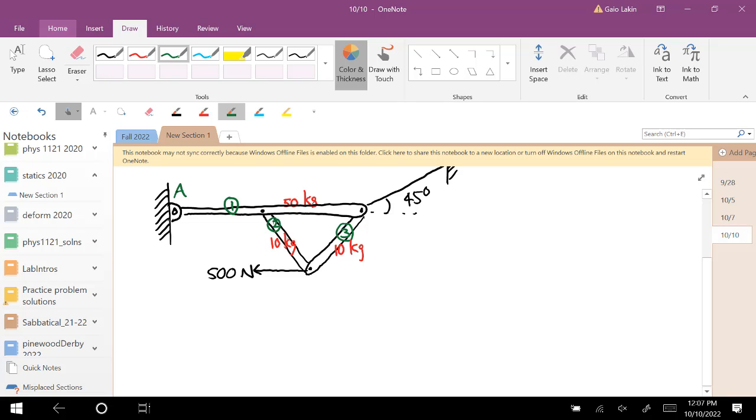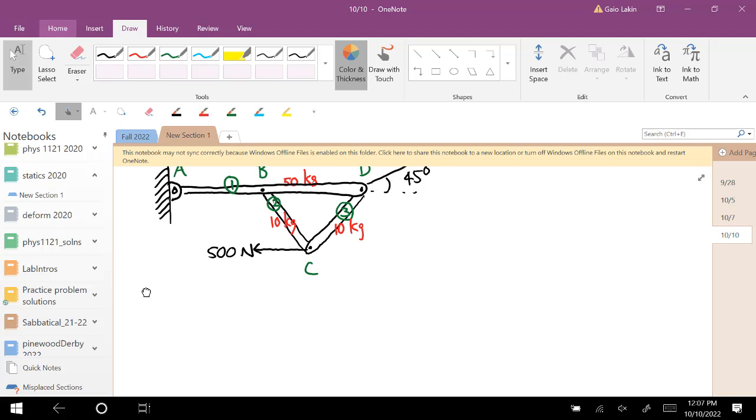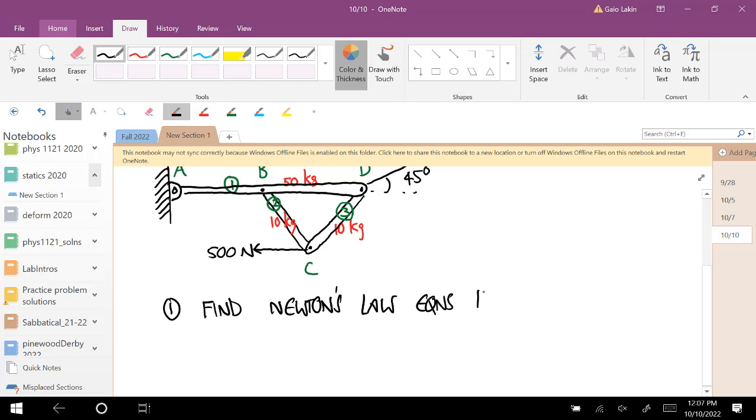And call the joints A, B, C, D. And first, find the Newton's law equations for member 1.